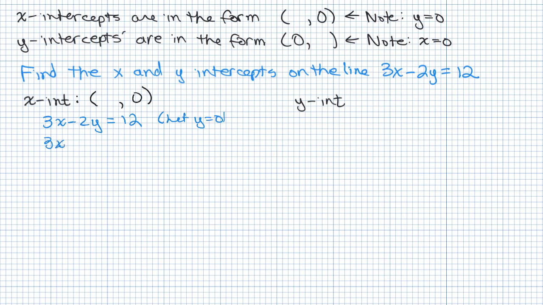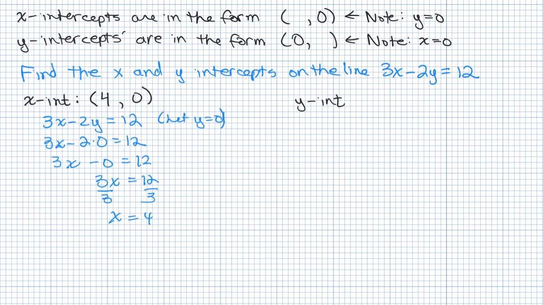So we have 3x minus 2 times 0 equals 12, which gives me 3x minus 0 is 12, 3x is 12, and divide by 3. We get x equals 4. So that is my x-coordinate.